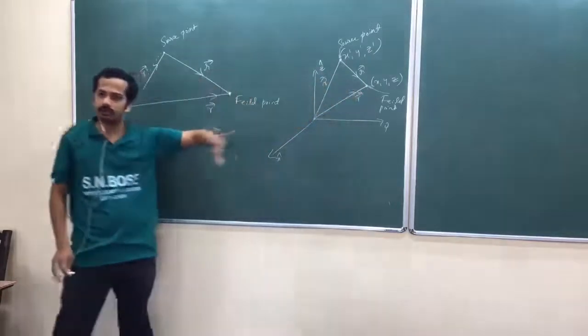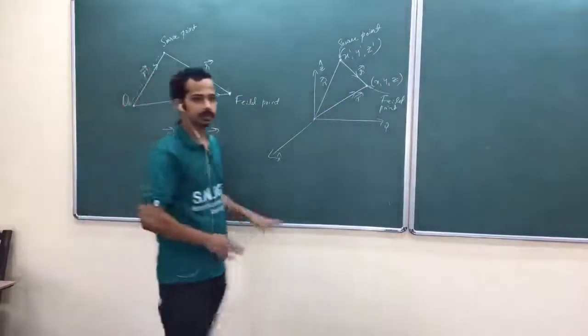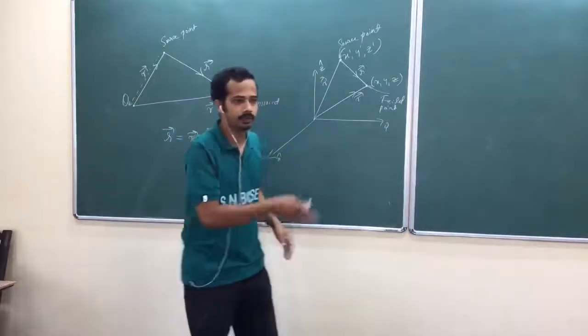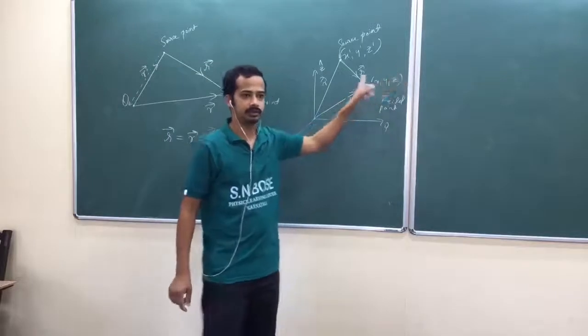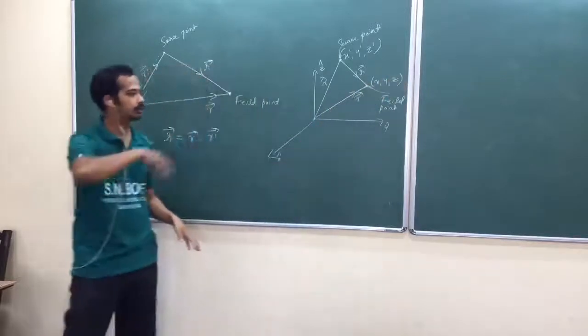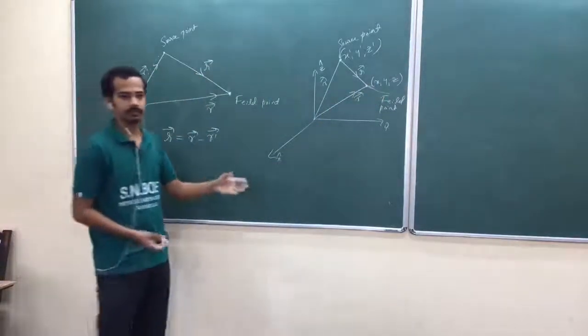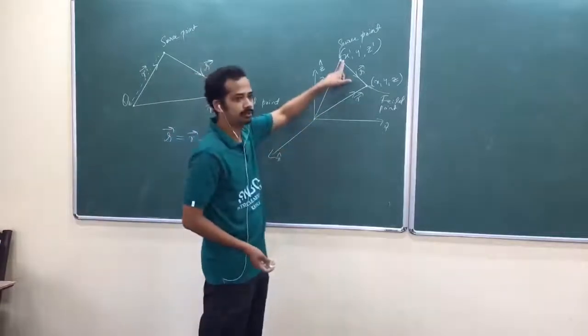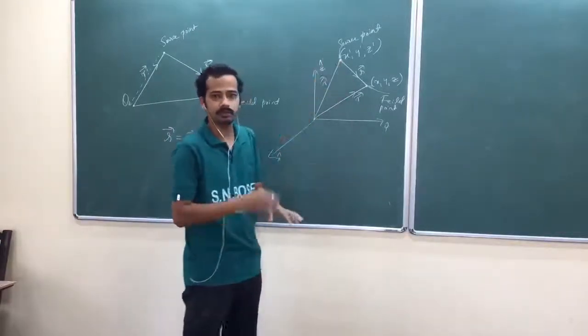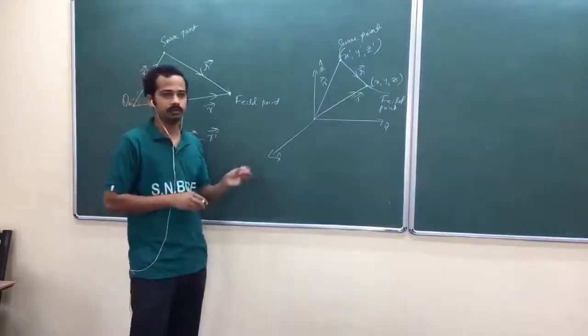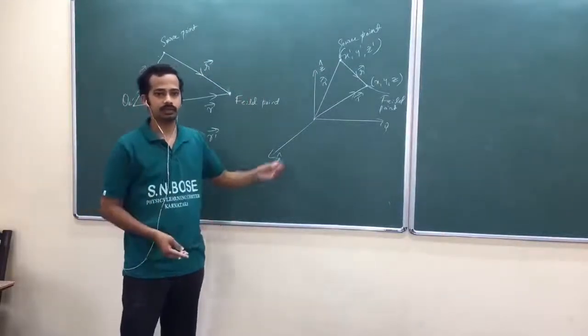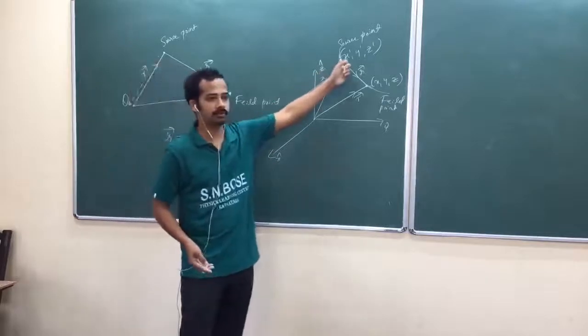If you understand that, that will be complete understanding. Suppose you are doing a line integral of the electric field; you are changing the field point. Sometimes you do integration with respect to the source point. Suppose you have a charge distribution over a surface or a volume, and you want to find the resultant electric field; then you integrate with respect to the source point.